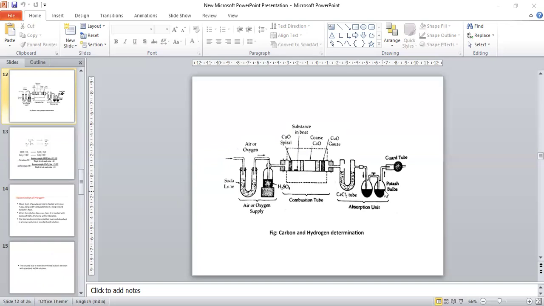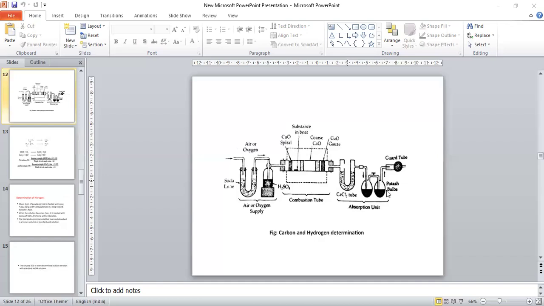One bulb contains anhydrous calcium chloride, which absorbs the water.